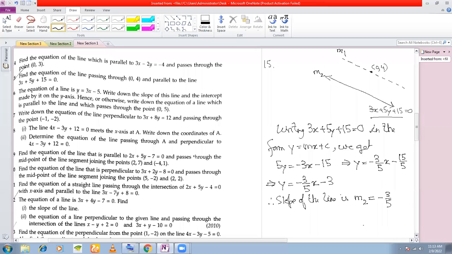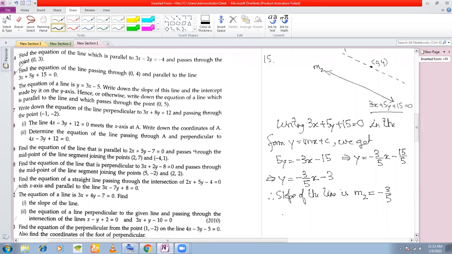And because the dotted line, that is the equation of the line we need to find out, is parallel to this line, therefore, what is the slope of the required line? m1. And because they are parallel, it must be equal to m2, which is equal to minus 3 by 5, right? So we have got the slope of this.